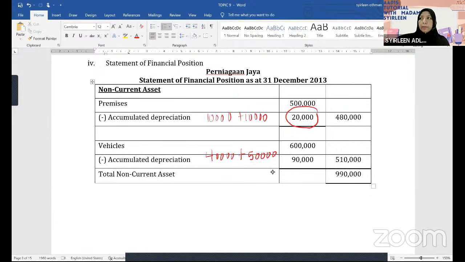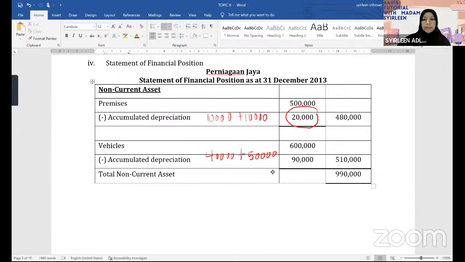That's how I came up with the amount of 90,000. Jadi your total non-current asset, so bahagian ni saja yang kita nak tengok untuk jawapan number 4. Alright, so the total non-current asset ialah 990,000. Okay, alright, that is for number 7.